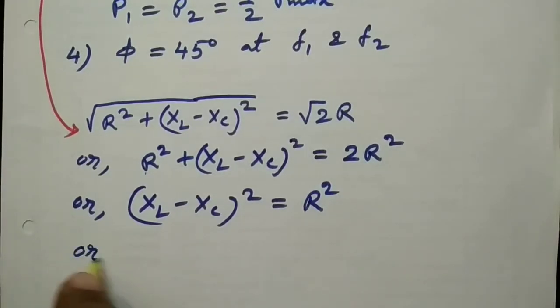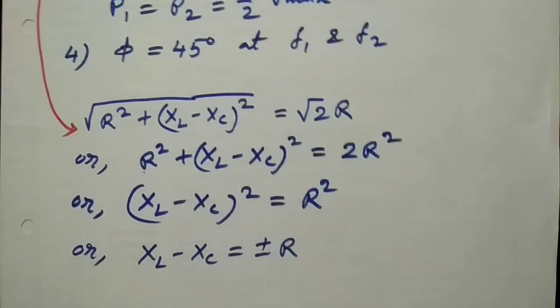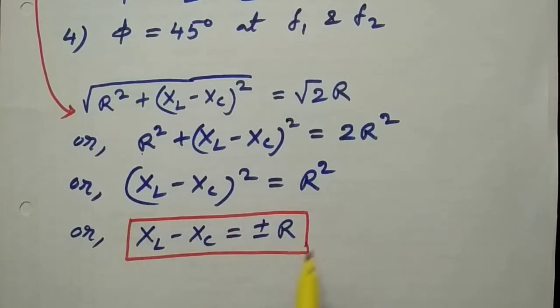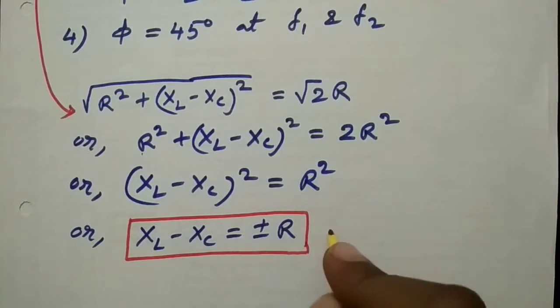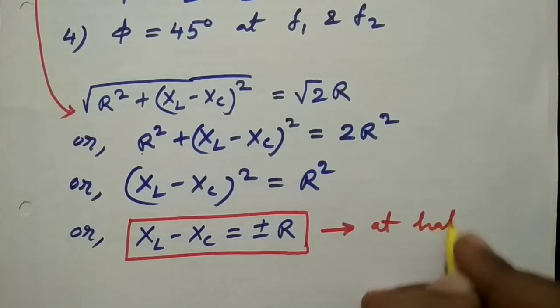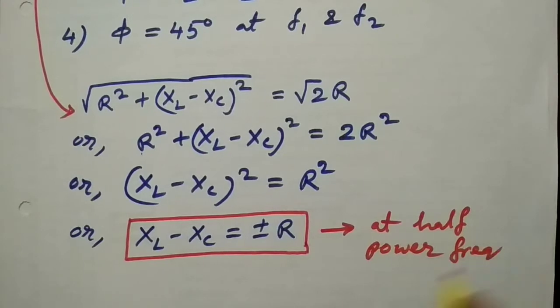So XL minus XC will be equal to plus or minus R. This is the relation of the reactance at half power frequency. Remember, this relation is obtained at the half power frequencies, that is at F1 and F2.